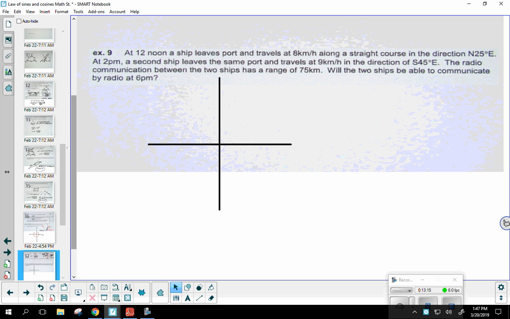All right, so let's go ahead and do this. We'll work the problem together, but try to draw the diagram. Draw the picture of what's happening. So let me give you a couple of minutes here. And if you feel confident enough with your diagram and you know exactly what to do, by all means, go ahead and solve the problem.